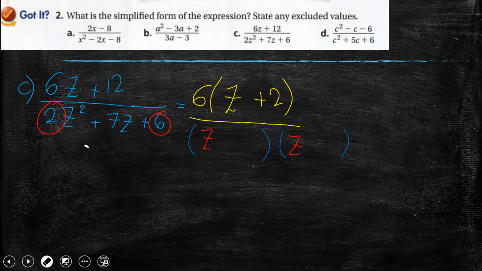So I will write now 2z squared, and instead of writing 7z, I have to write 4z plus 3z, because I told you that 4 multiplied by 3 is 12, and adding them is 7, plus 6.